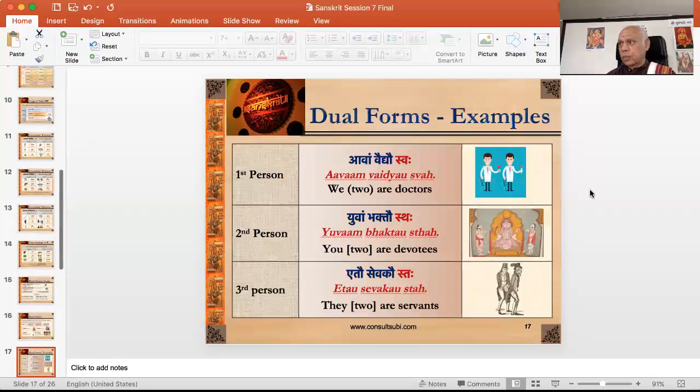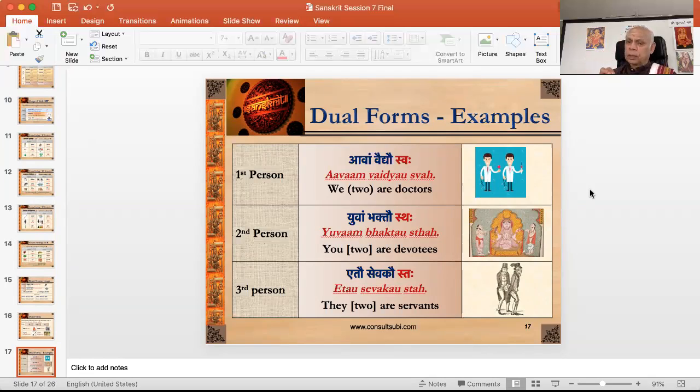Okay, having said that, let's go. For example, dual forms. First person, supposing there are two doctors. How do you say, we two are doctors? Avam vaidyau swaha. You can see the picture there, two doctors. When you want to say you two are devotees, second person, yuvam bhaktau stha.